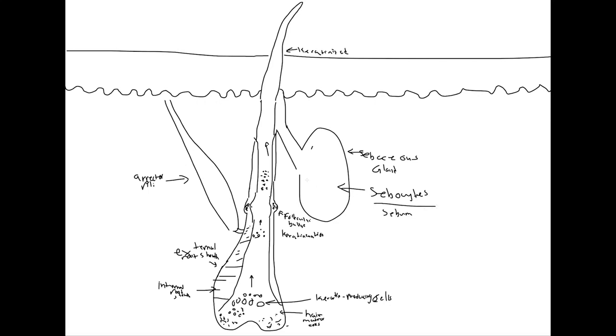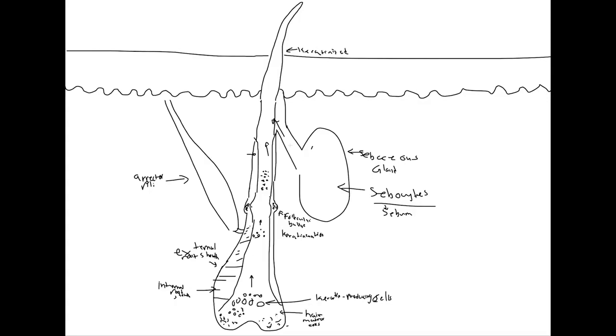This sebum is going to coat this hair. It's also worth noting that this is where your internal root sheath terminates. Your internal root sheath will be no more once it's past this sebaceous gland.